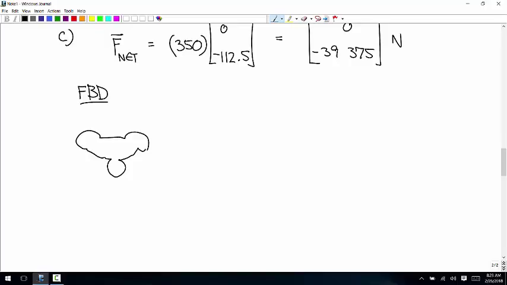And what forces are acting? There's a downward force of 350 times 9.81. And then there's a pushing contact from the surface on the wheels. I'll call that the normal force. And we're trying to find the normal force. That's the force that's applied to the motorcycle by the surface.